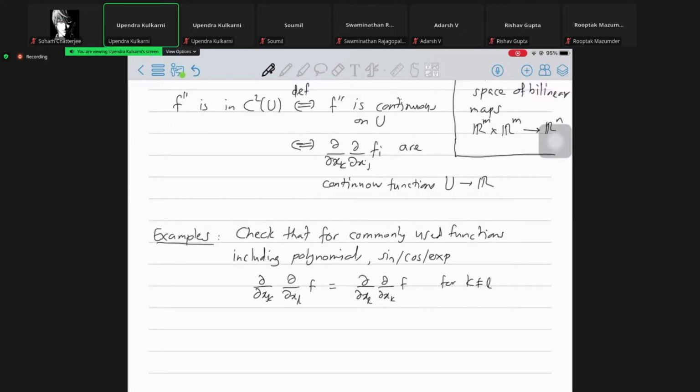So under which conditions? We are going to give a sufficient answer to this question. So let's state this.